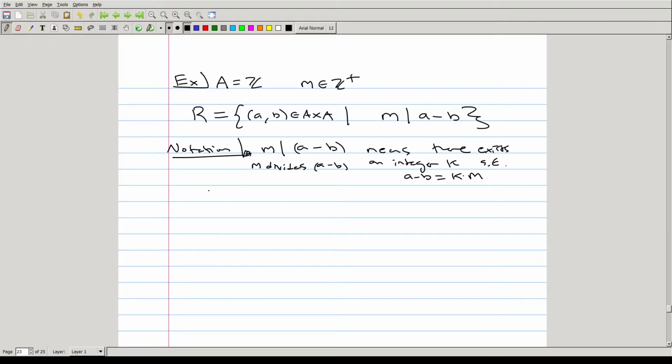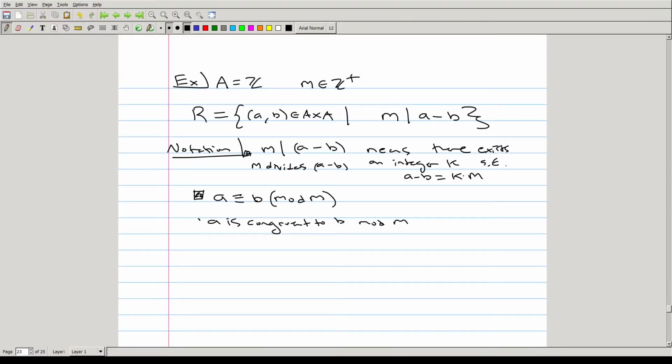And it's also very important to point out that this relation is sometimes said as A is congruent to B mod M. So this means A is congruent to B mod M.